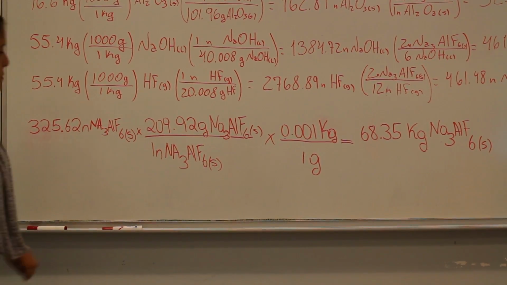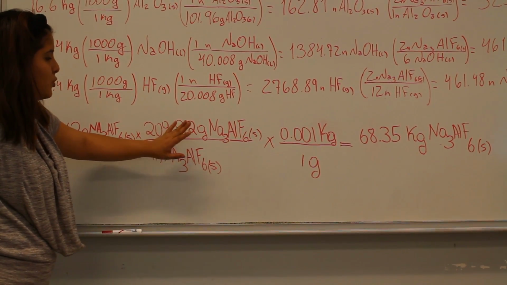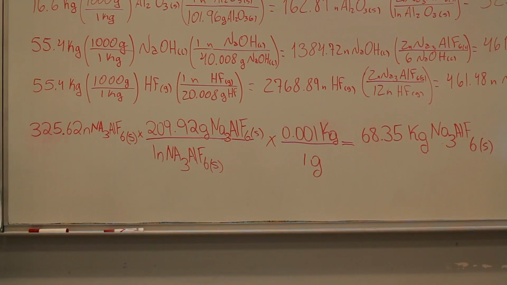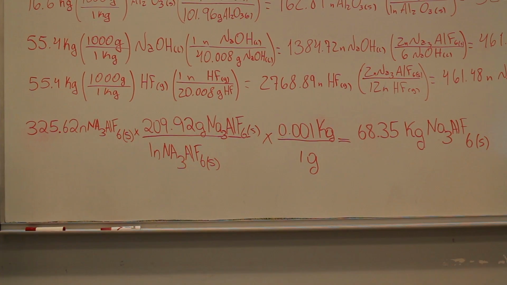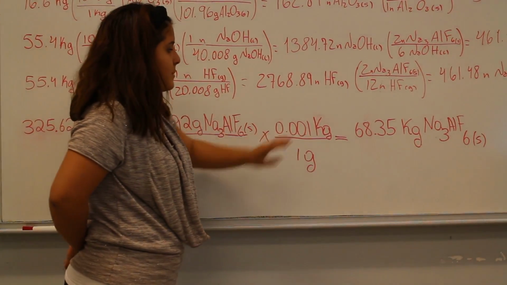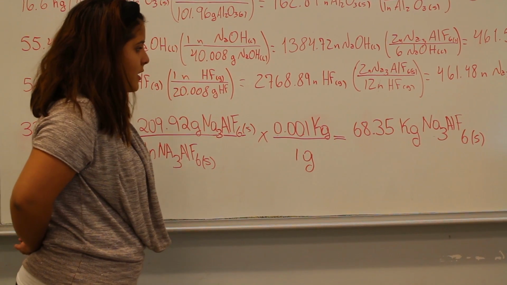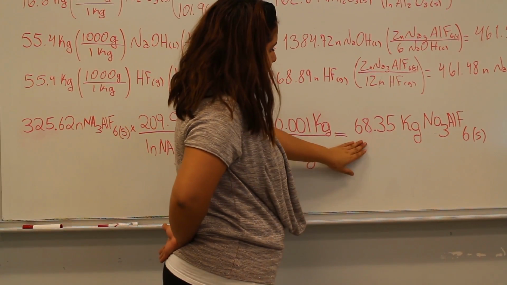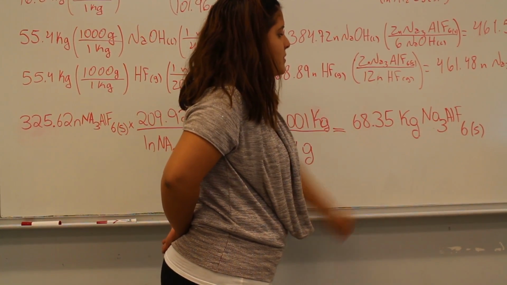In this case, that would be 209.92 grams. However, our question is asking us for kilograms. Therefore, we should convert from grams to kilograms by using our conversion factors. And then we obtain 68.35 kilograms of cryolite.